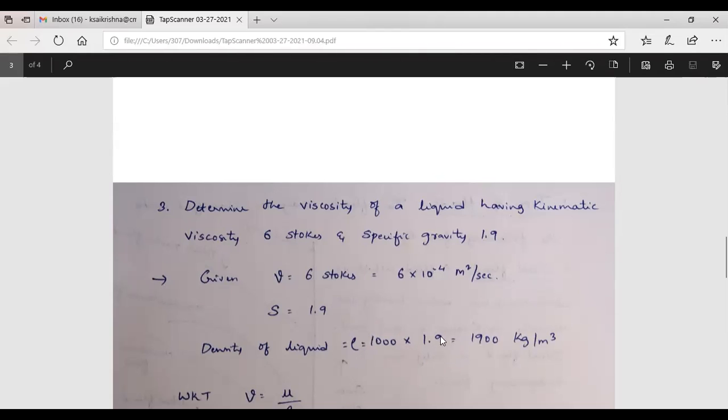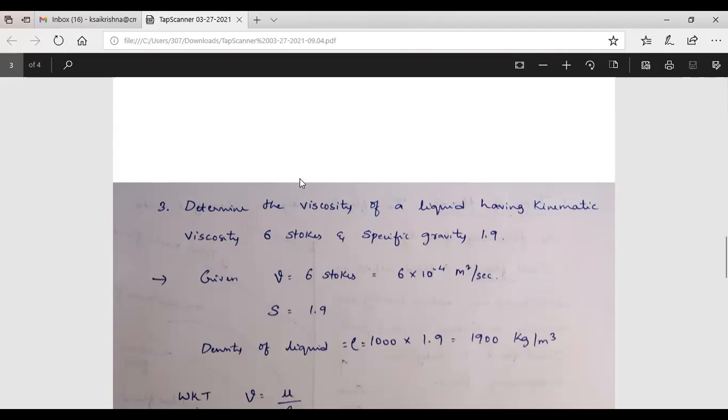Please write down in your notes that density of liquid equals density of water into specific gravity. That is 1000 into 1.9, 1900 kg per meter cube. Density of liquid rho equals 1900 kg per meter cube.